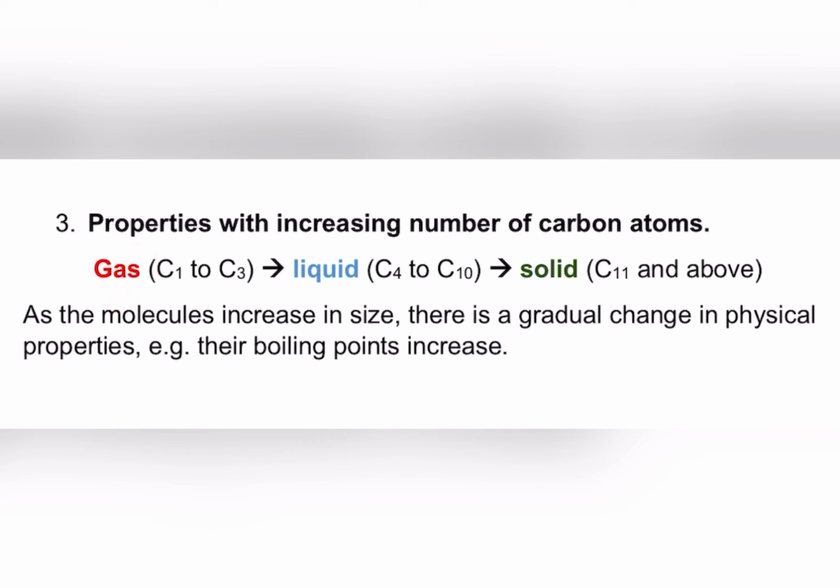Once the carbon atoms increase from C4 to C10, the phase will be liquid. And for C11 and above, the phase of those compounds will be solid. It means that once the molecule increases in size, there will be a gradual change in physical properties. For example, their boiling points will increase.